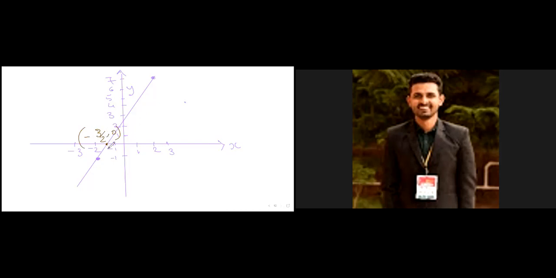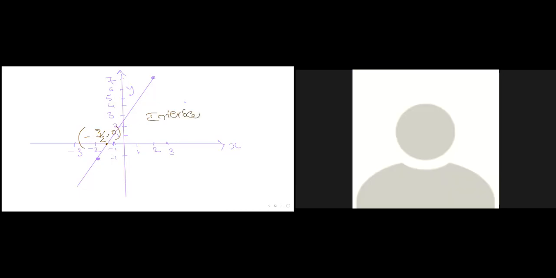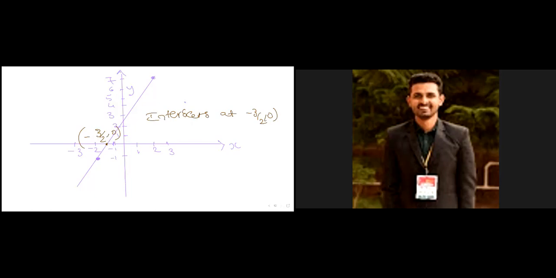Along the x-axis it is minus 3 by 2, and along the y-axis it is not intersecting at all, so 0, right? So it intersects at minus 3 by 2 comma 0.